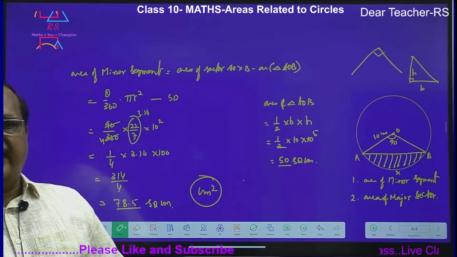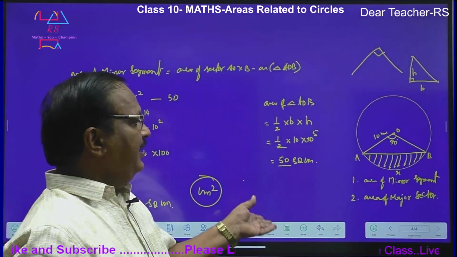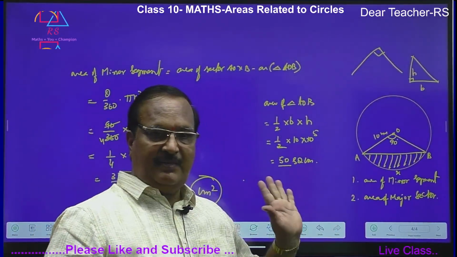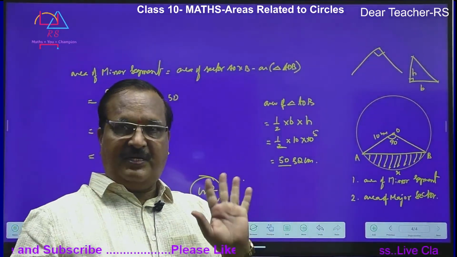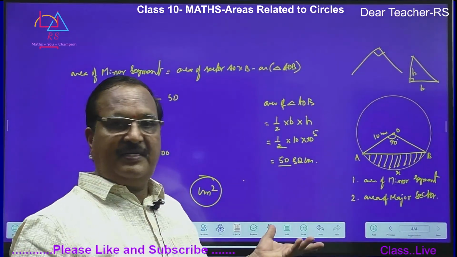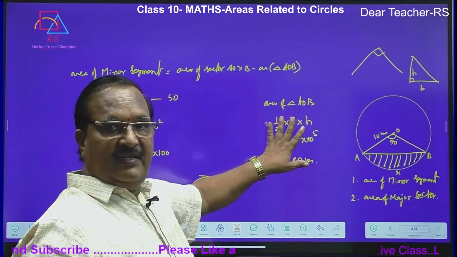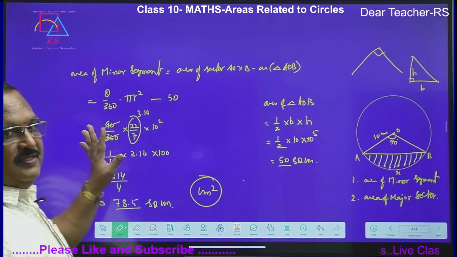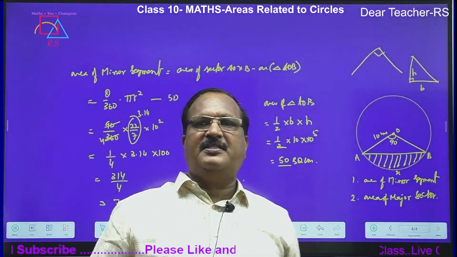Both are okay. So this is how to find the area of the minor segment. So it is a 4 marks question, or 3 marks question, because this is one concept and this is one more concept, and this is the main concept of the chapter.